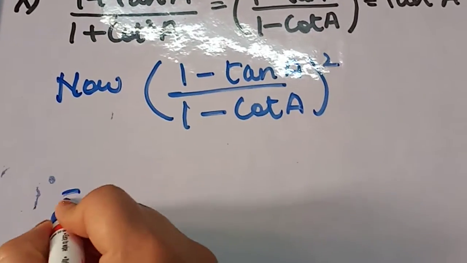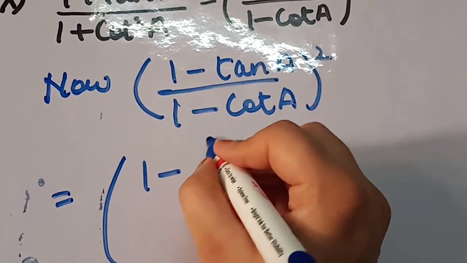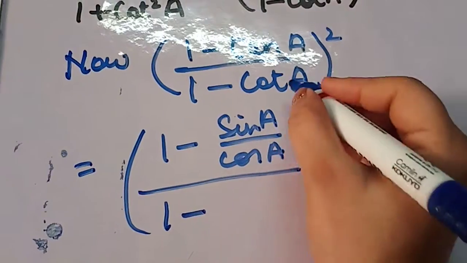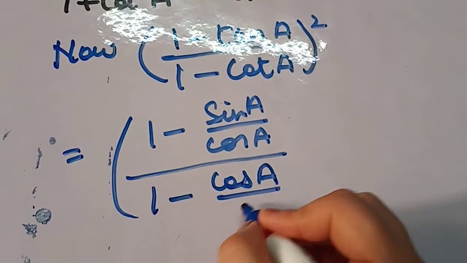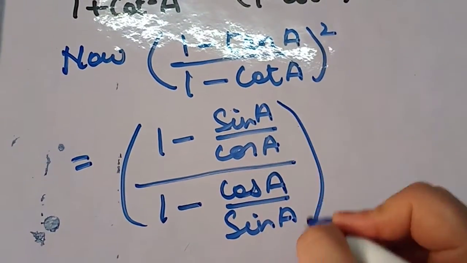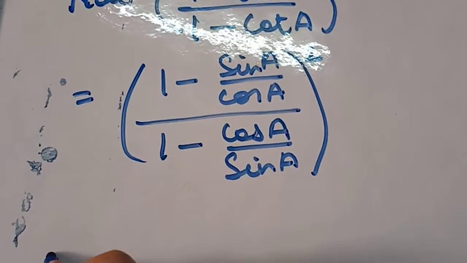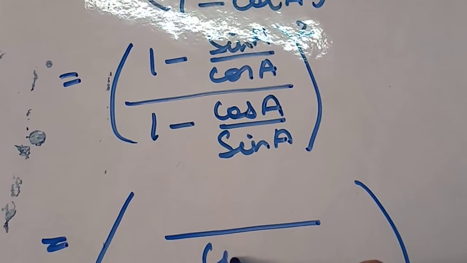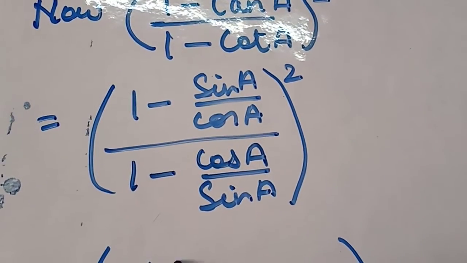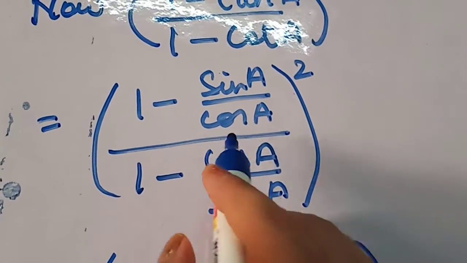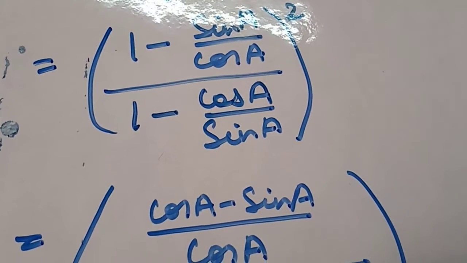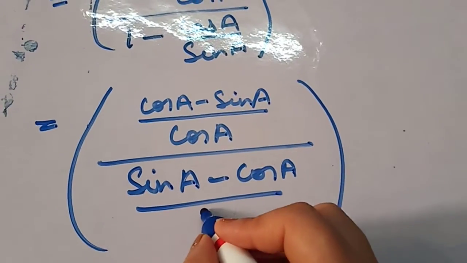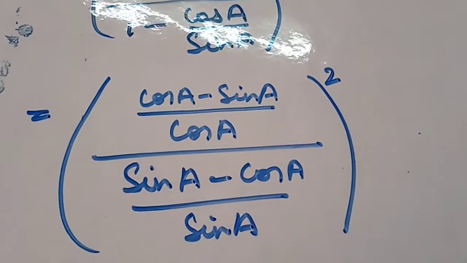Now we can write tan as sin A upon cos A, and cot as cos A upon sin A, whole square. Now taking LCM in the numerator, it is cos A minus sin A upon cos A. Similarly in the denominator, sin A minus cos A upon sin A, whole square. The square will remain throughout.